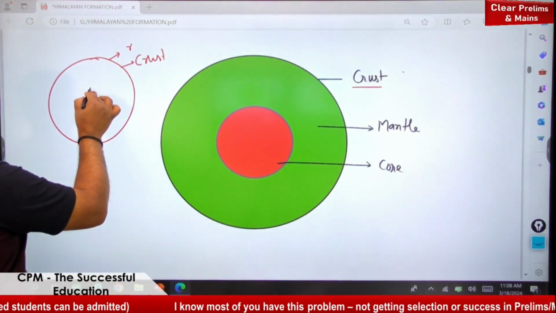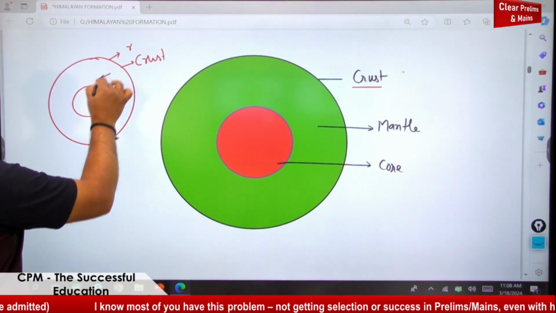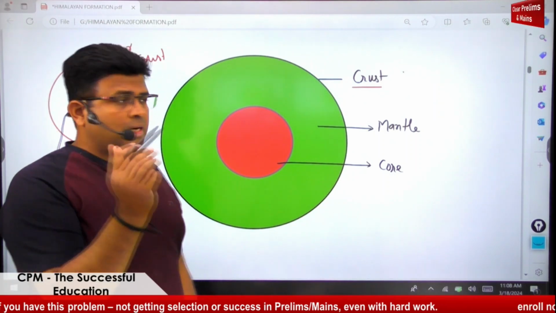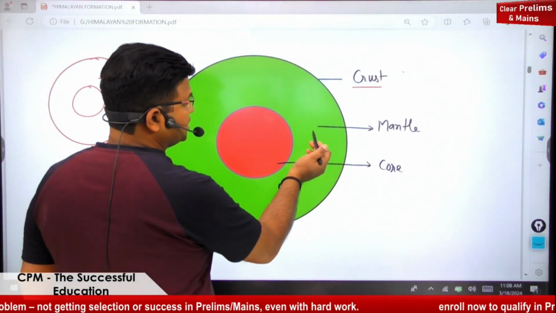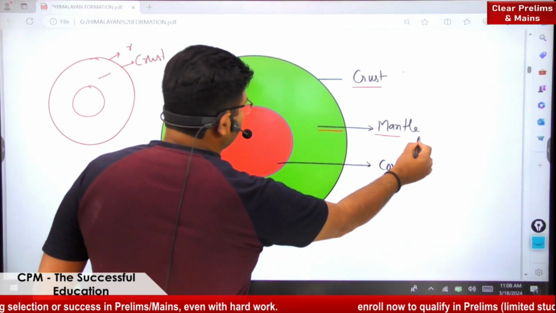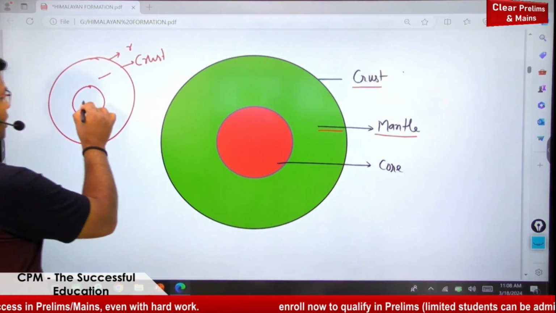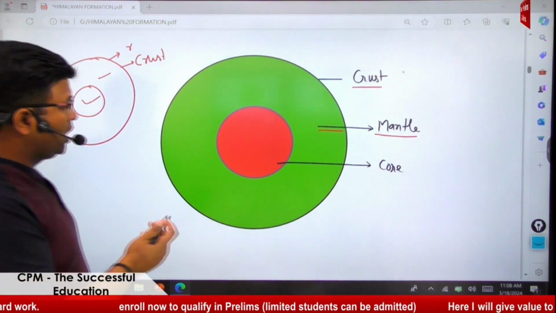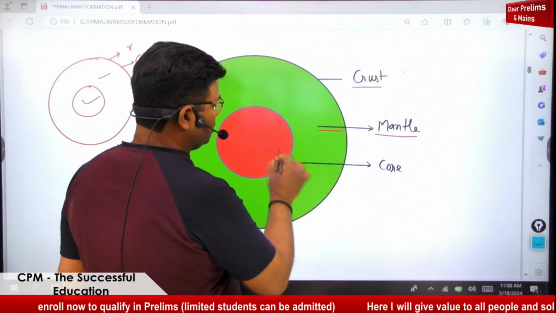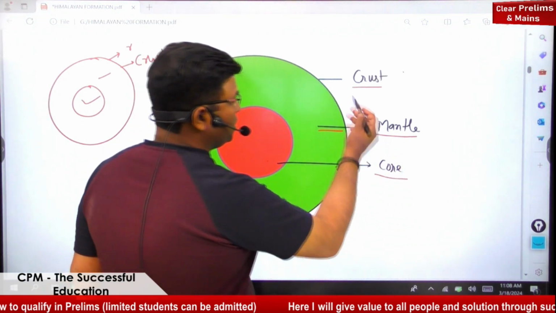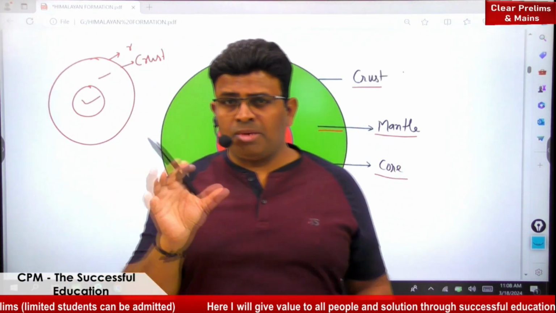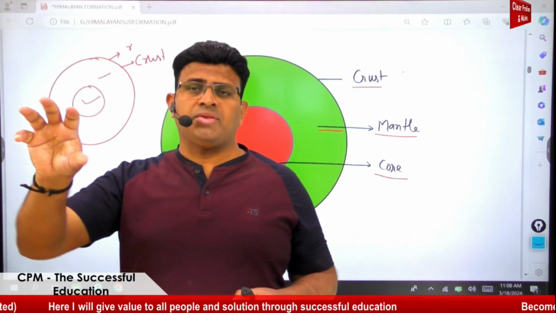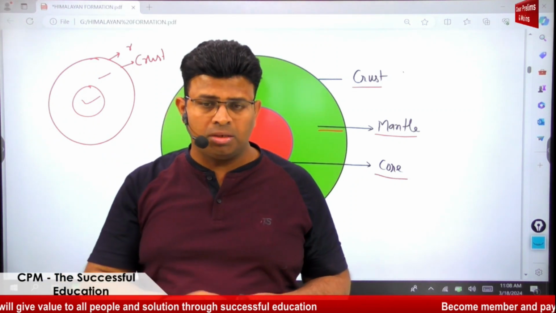Thereafter, the white part of the egg, a kind of albumin, is known in the earth as the mantle. And then the yellow part of the egg is the yolk, and this is the interior part of the earth, the core. So similar to the egg, the earth has a crust, a mantle, and a core.